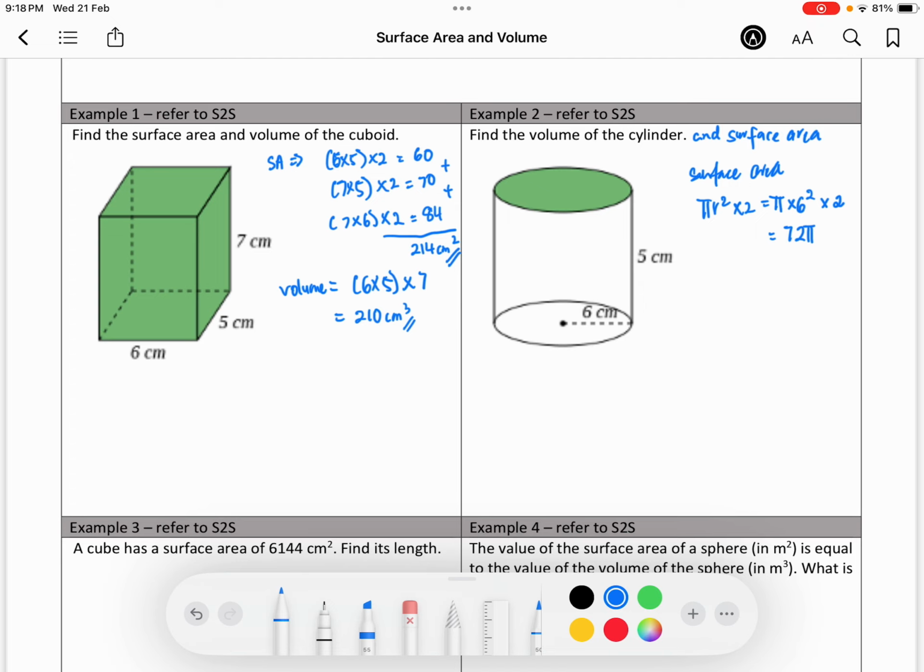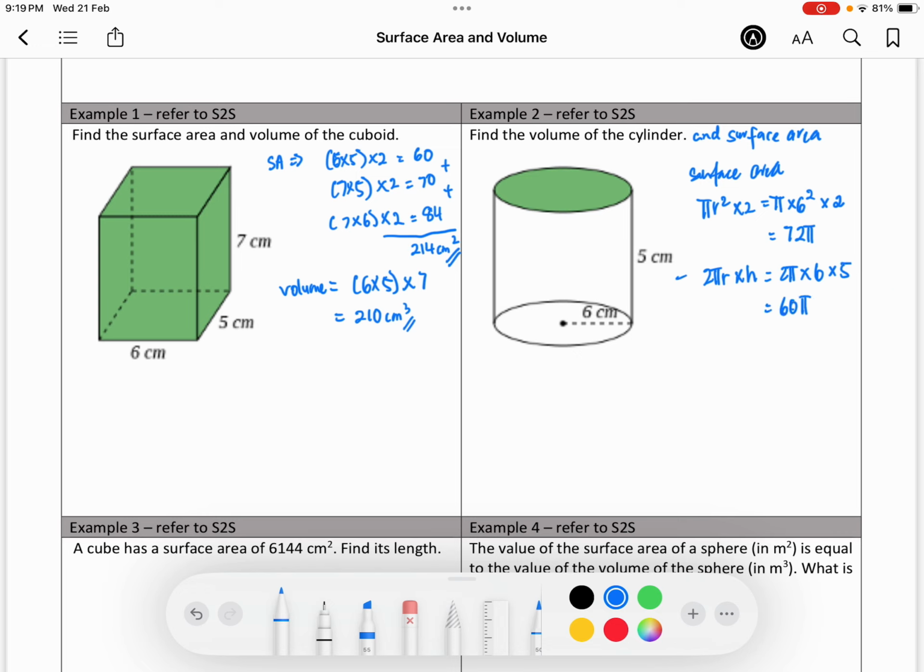So I'll leave my answer in pi first. And then the curved part would be 2 pi r times by the height, and that would be 2 pi times by radius is 6 and the height is 5, and that gives you 60 pi.